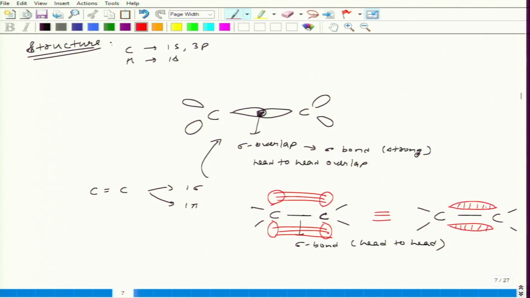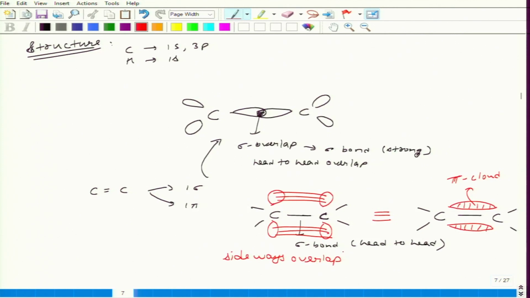This can also be shown like this. This forms a pi cloud. That doesn't mean that these are two different bonds. This is just a sideways overlap. Pi bond is a sideways overlap.